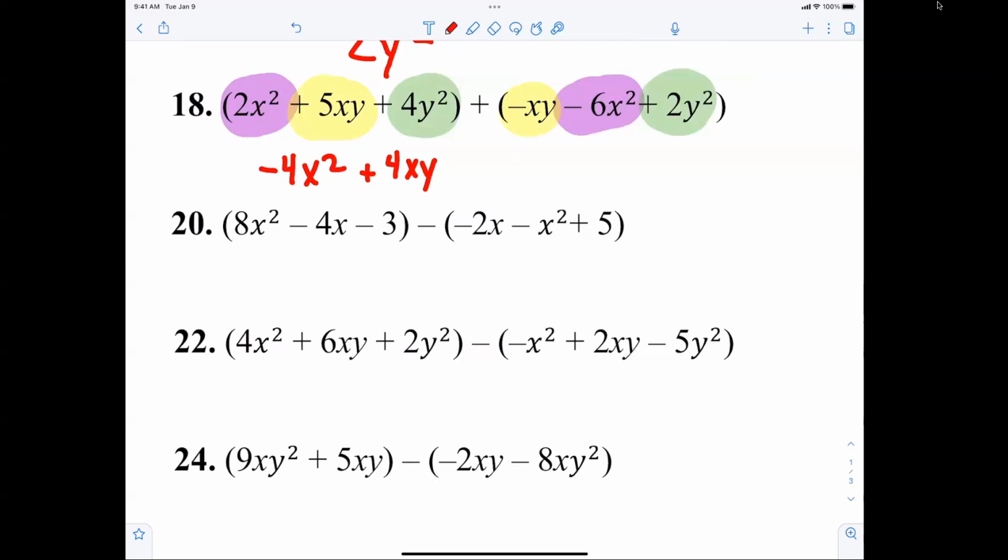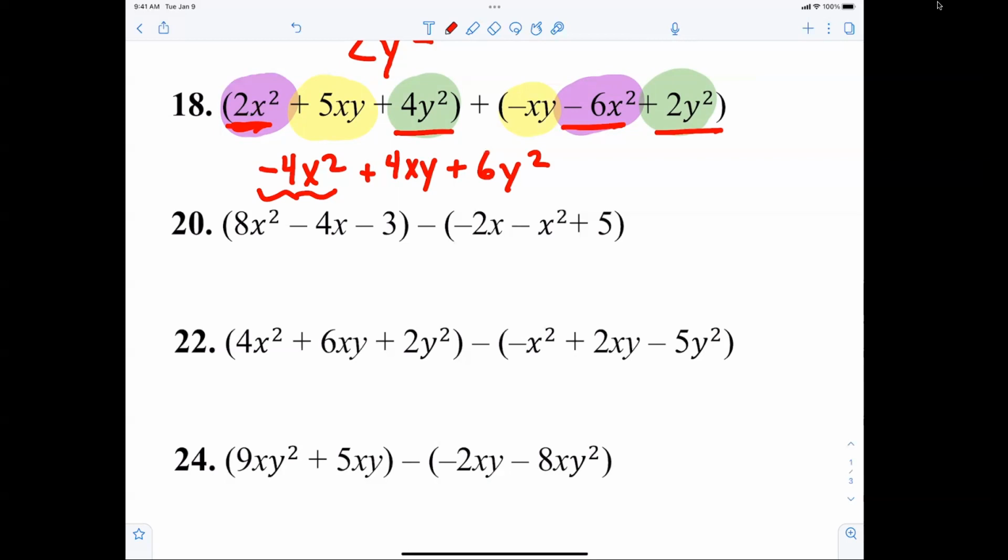No. 2x squared minus 6x squared was negative 4x squared. Did you add the exponents? No. So what is 4y squared plus 2y squared? Correct. 6y squared. That is correct.